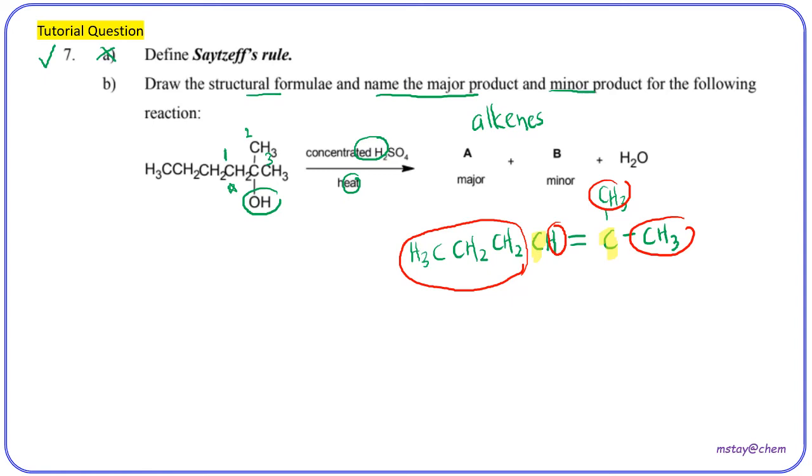Okay, now if the hydrogen is removed from carbon 2 here, the product will be H3C, CH2, CH2, CH2, then C double bond CH2 and CH3.